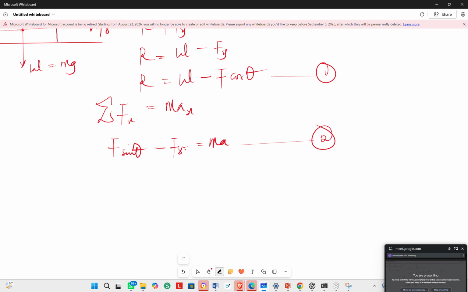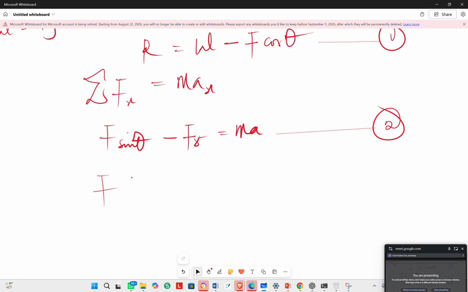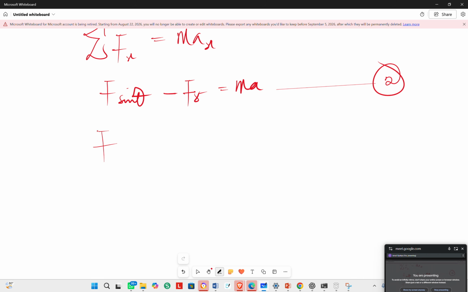And then remember that f of r equals mu R. So further looking at it, you are still going to have F sine theta minus mu R equals ma.